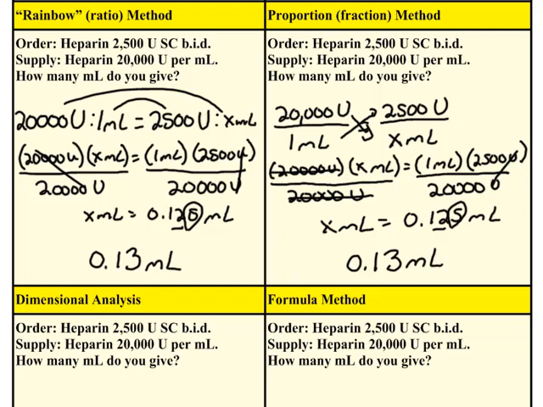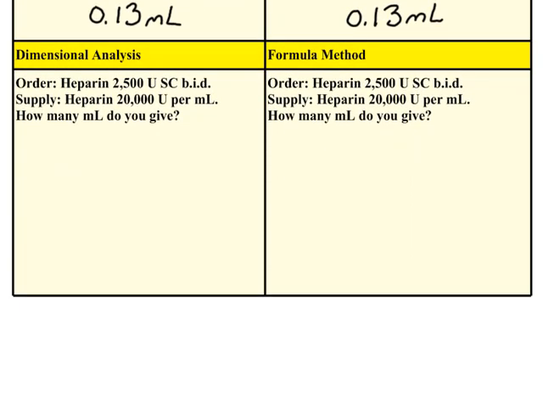We can do the same calculation using dimensional analysis. In this case, we'll start with the order of 2,500 units. We will then multiply by a conversion factor that will cancel out units and leave us with milliliters. As we can see from the supply, each milliliter holds 20,000 units.